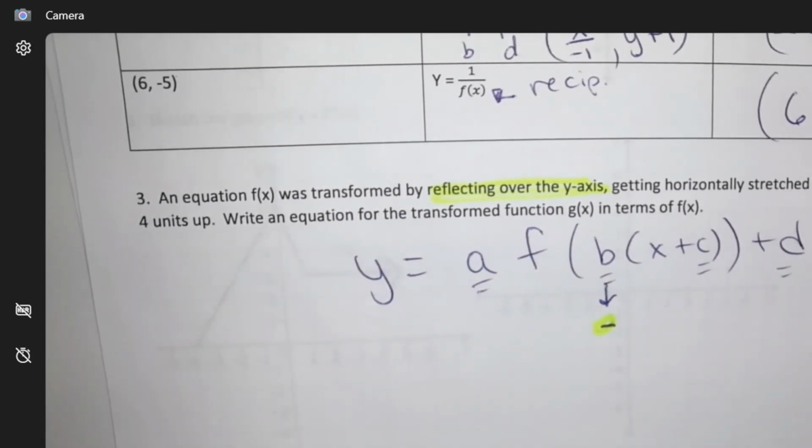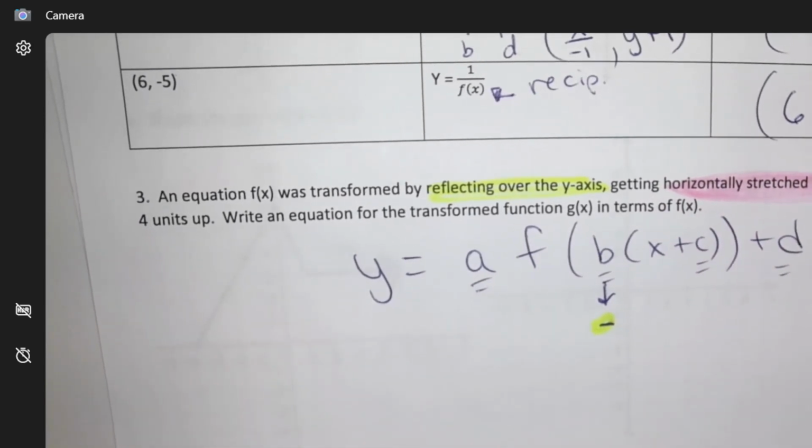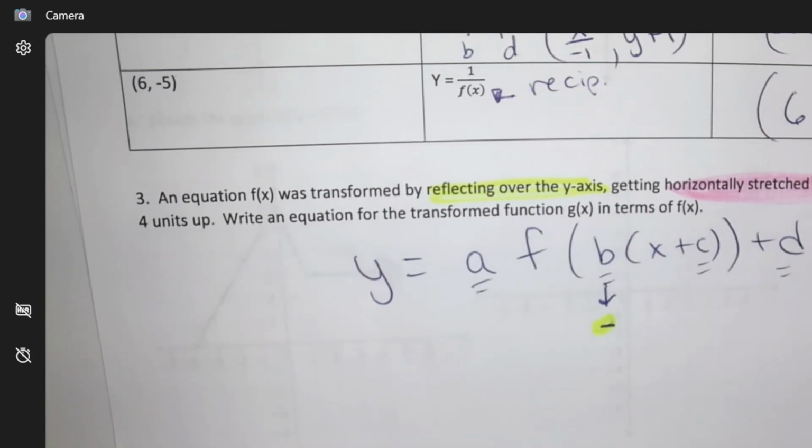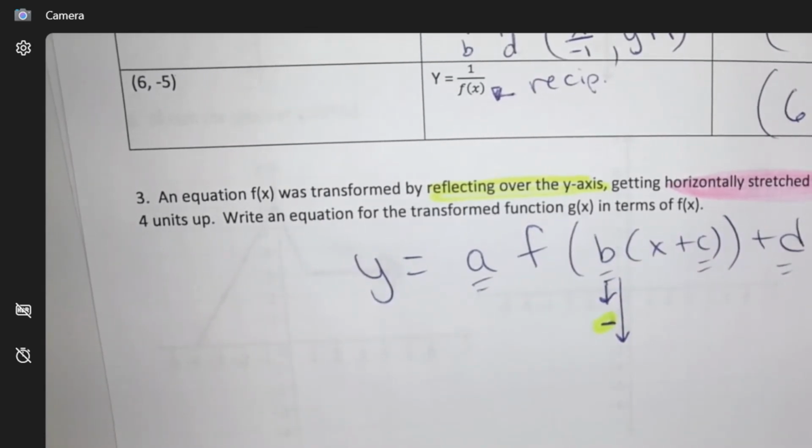Okay, we get horizontally stretched by 3. So first of all, which letter do you attack if you're horizontally stretching something? Also your B. Your B is the one that horizontally does stuff, multipliers.